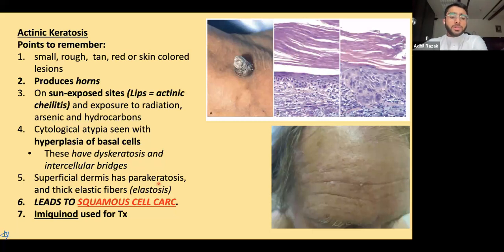That happens in the superficial dermis, and there are also thick elastic fibers formed. If it's a horn, you can move it around, and it could be a little flexible. And most important, actinic keratosis can lead to squamous cell carcinoma. Imiquimod is used for the treatment of actinic keratosis to get rid of it as soon as possible. So remember the name imiquimod.